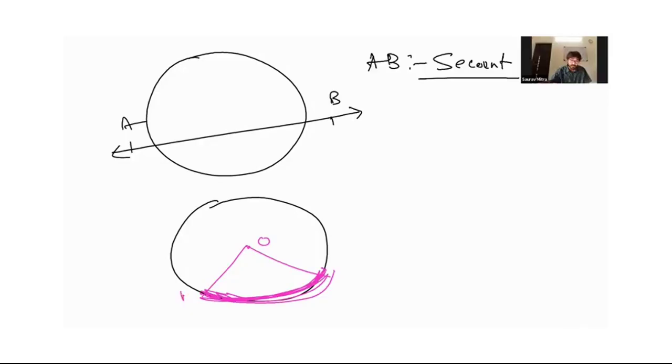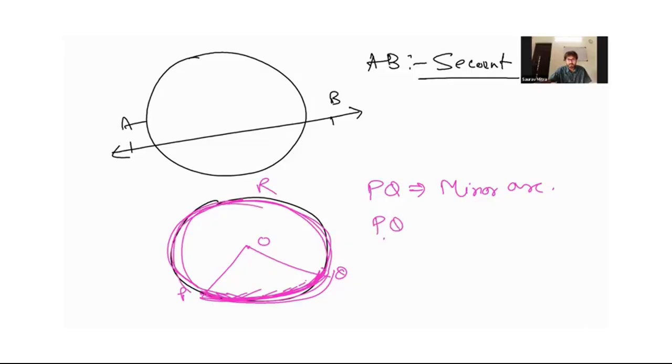If this is P, this is Q, and this is R, then PQ is your arc, and more precisely it will be a minor arc PQ. And if I go this side, through PRQ, this will be called my major arc.